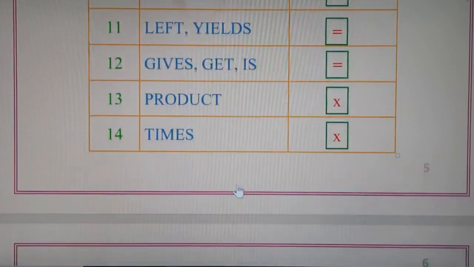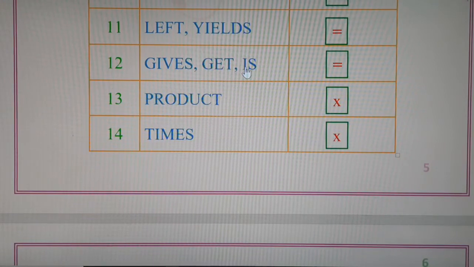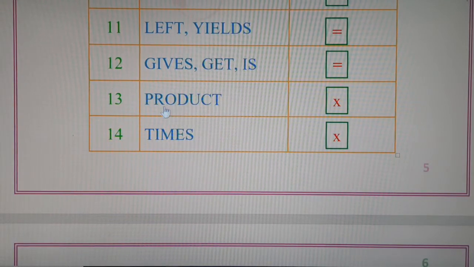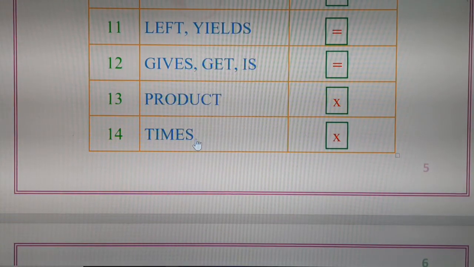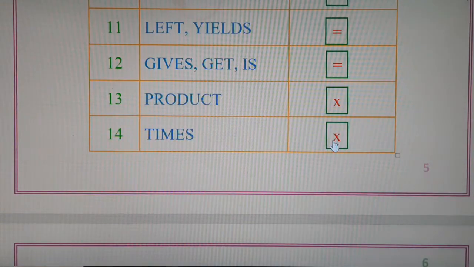If the word gives or get or is is used in the whole mathematical problem sum, we have to use the equal to sign. If in the problem sum anywhere the word product is used, we have to use the mathematical function of multiply. And if the word times is given, then we have to use the mathematical function multiply.